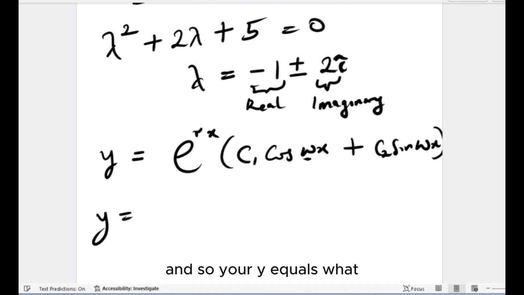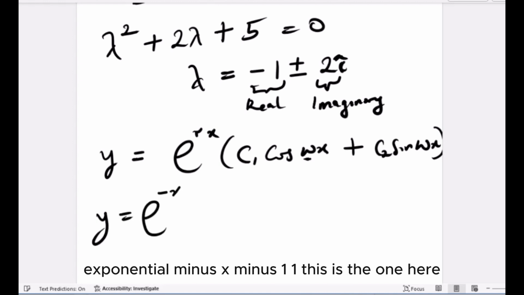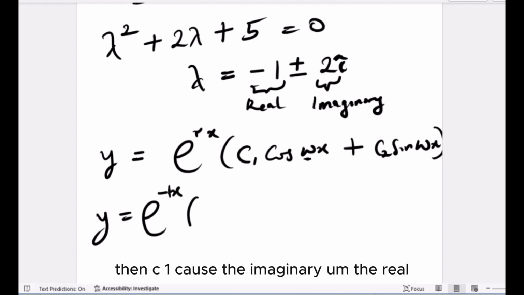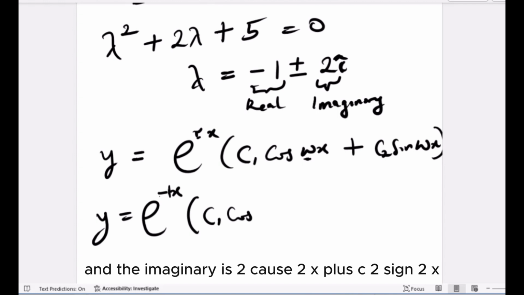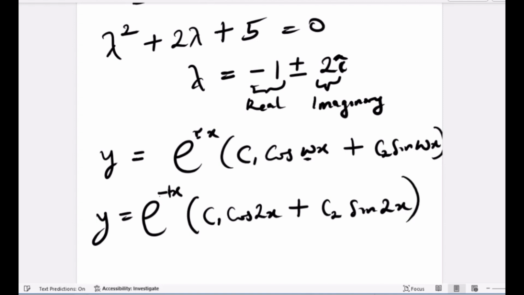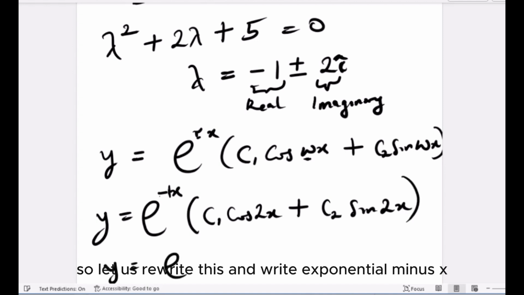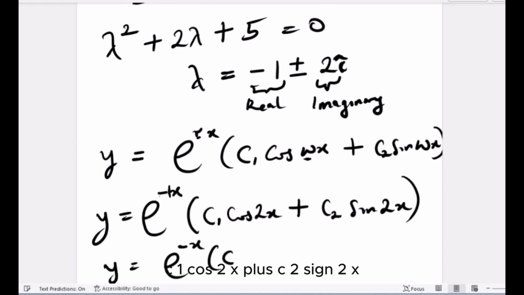So your y equals exponential minus x, then C1 cos 2x plus C2 sine 2x, since the real part is minus 1 and the imaginary part is 2. So we write y equals exponential minus x times C1 cos 2x plus C2 sine 2x.